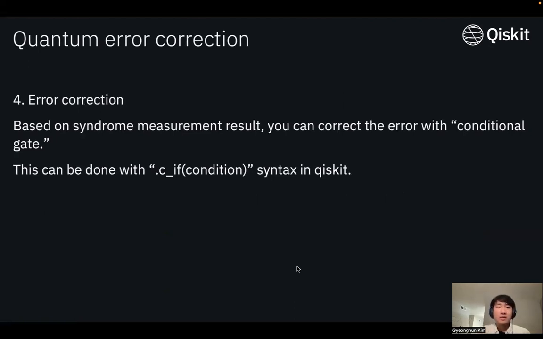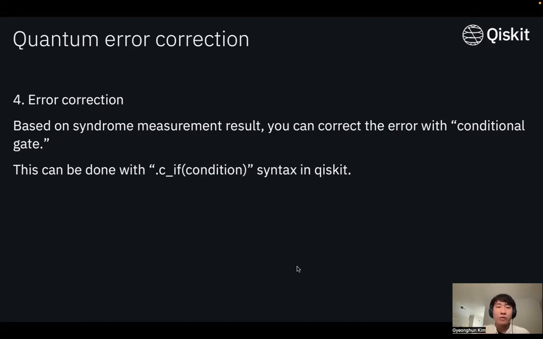Finally, for error correction, based on the syndrome measurement result, you can decide which qubit has an error, right? So you can now correct that by simply flipping that error qubit.